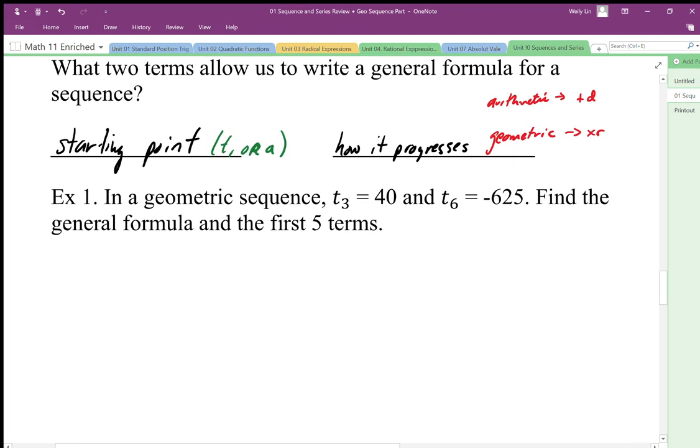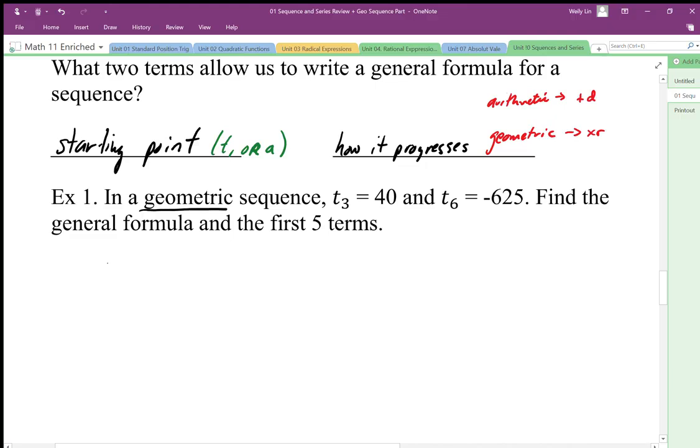So if we take a look at this sequence, now that we have two different types of sequences to work with, we need first of all to differentiate between geometric versus arithmetic. So we have a geometric sequence in this case. And we know that T3 is 40, T6 is negative 625.